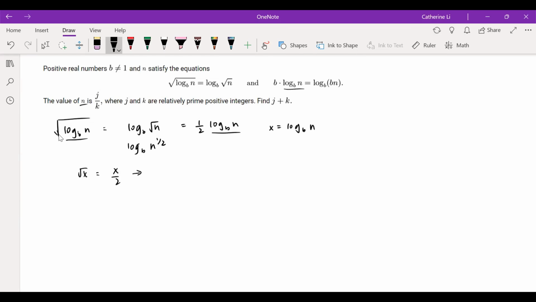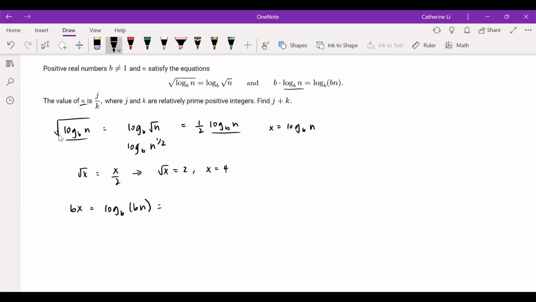And we can solve this already. We don't have to square both sides, we can just divide by root x on both sides, which gives us square root of x equals 2, so x equals 4. Now we can use the second equation, so b times log base b of n, which is just x, is equal to log base b of b times n.